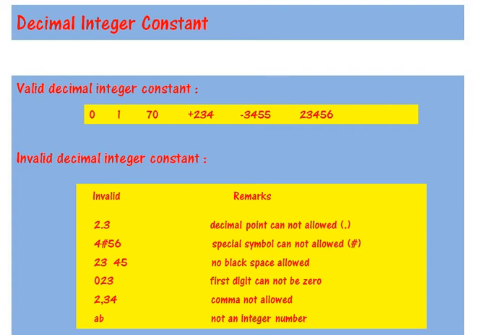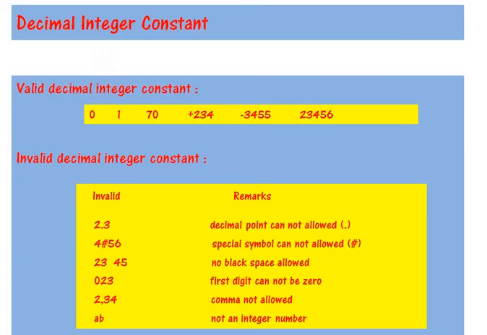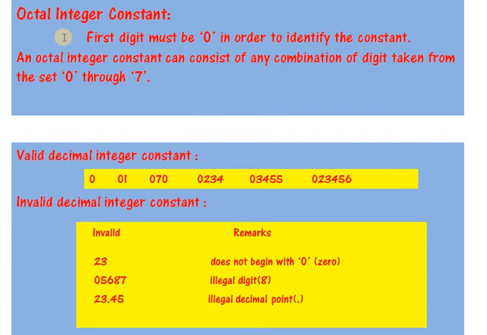So now let's see the second, octal integer constant. In that, the first digit must be 0 in order to identify the constant. We have seen that in decimal integer constant, the first digit cannot be 0, but in octal integer constant the first digit must be 0.